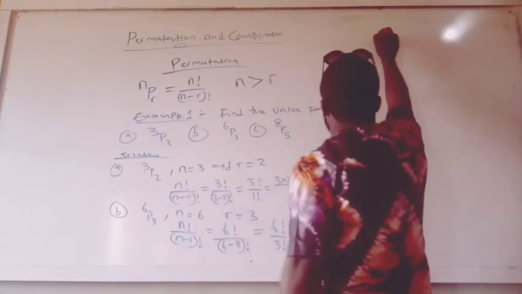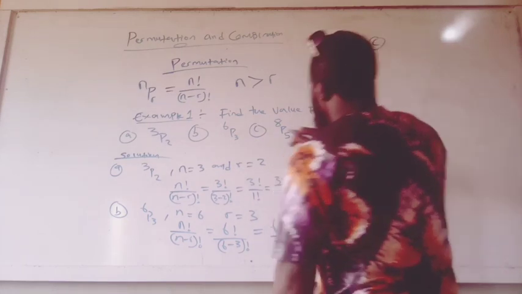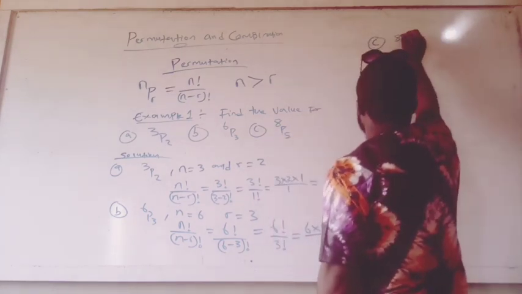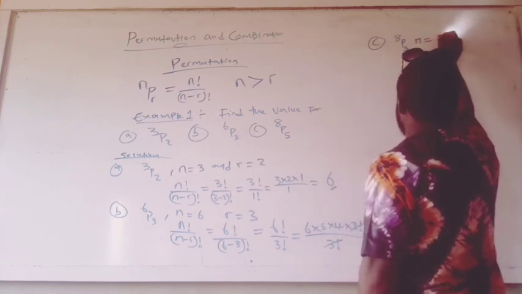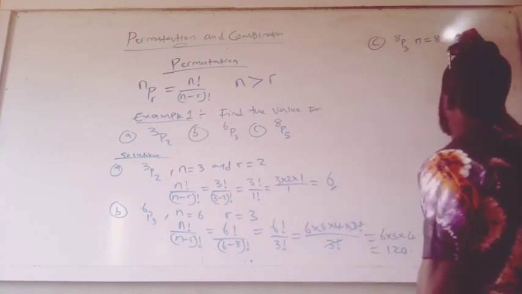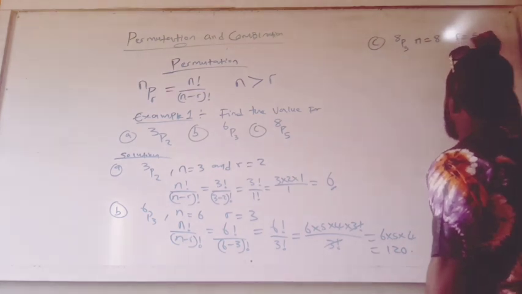Then let's see the C part. The C is 8 permutation 5. So our n equals 8, our r is equal to 5.